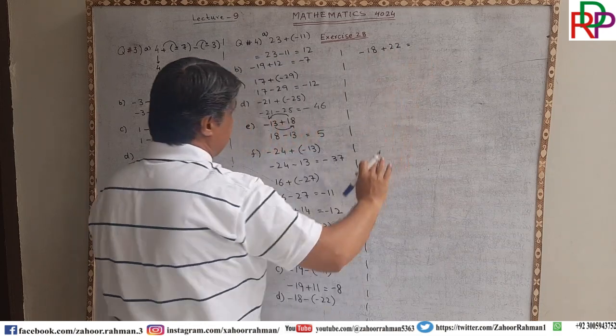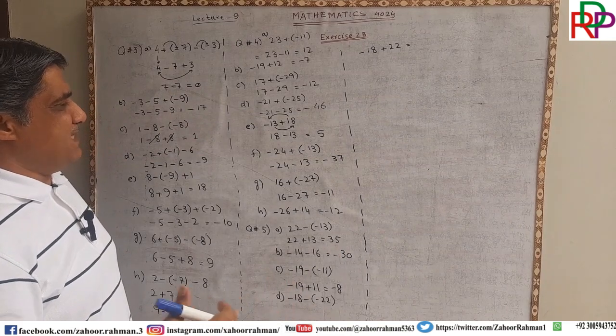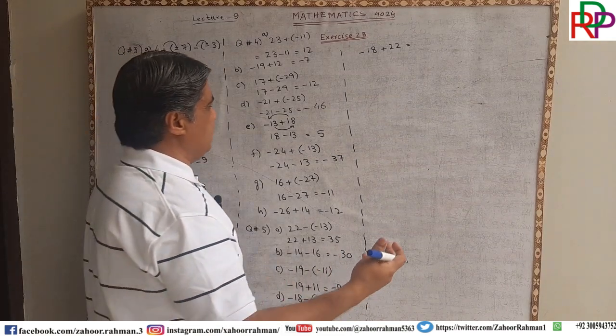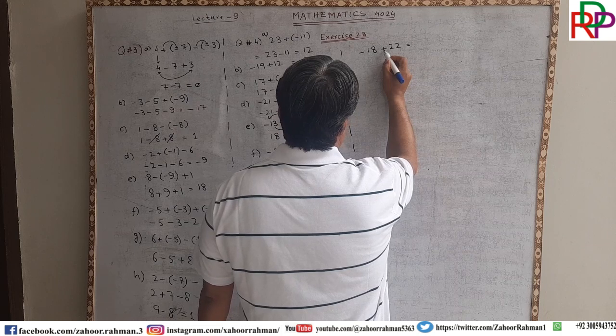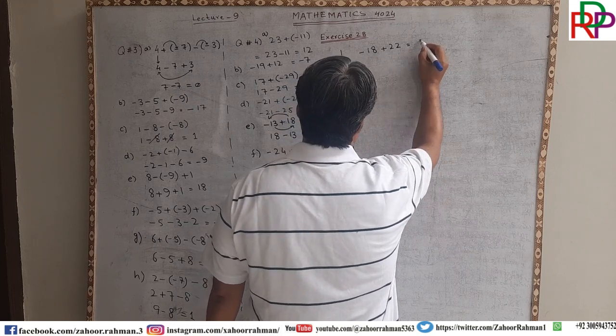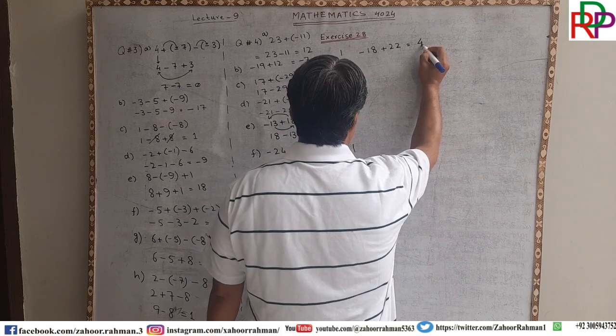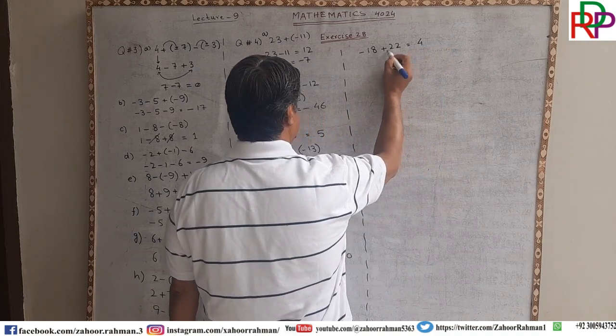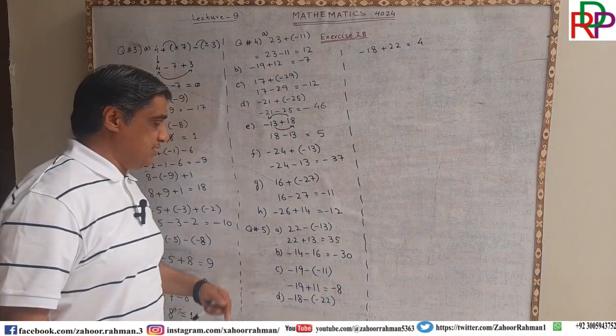Here again the two differences, I am again and again specifying it, so you should understand this. 22 minus 18 is 4, and plus is with the larger number, so we are not writing it.